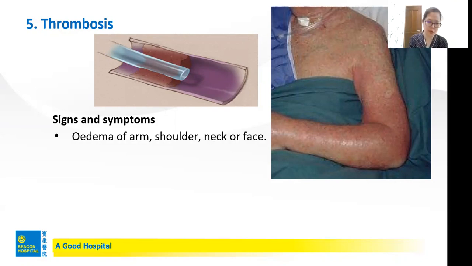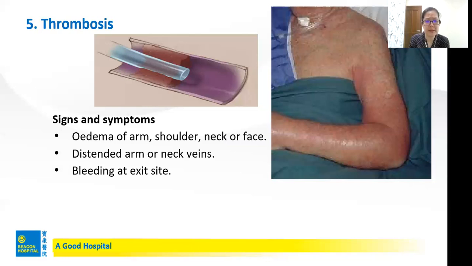So what you might observe when thrombosis happens, when the catheter causes thrombosis externally and occludes the venous return: you can see edema of the arm, shoulder, neck or face, distended arm or neck veins, and bleeding at the exit site if you have a PICC, at the puncture site of the PICC, because the pressure in the arm is high and the blood is unable to return to the systemic circulation, okay?